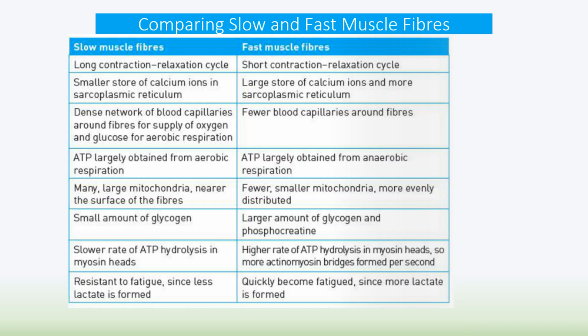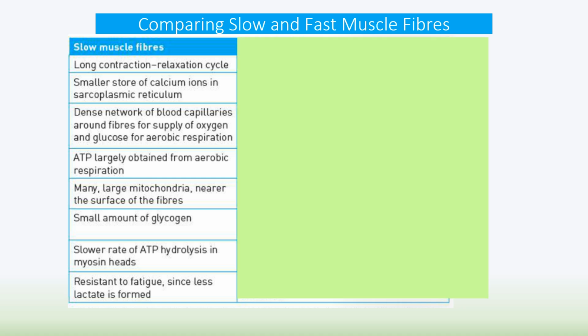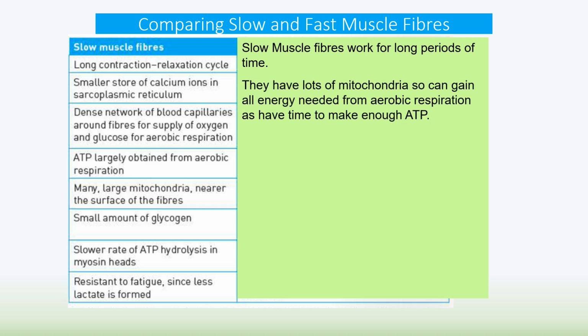Compare the two here, you can see there are lots of comparisons, but let's just focus again on slow muscle fibers first. So slow muscle fibers have a long contraction and relaxation cycle. They have a smaller store of calcium ions because they're working for a longer time, and therefore they don't need to constantly release them and reuse them.